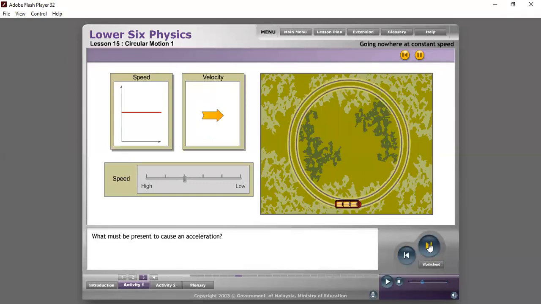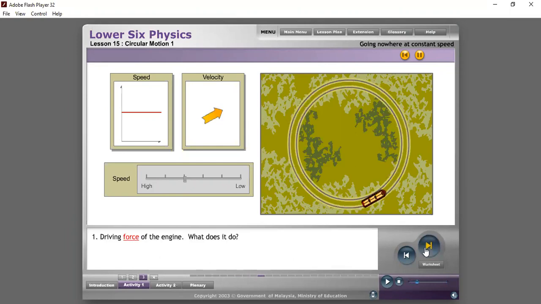What must be present to cause an acceleration? Answer: a force. There are several forces which act on the train, but three forces control the motion you have been investigating.